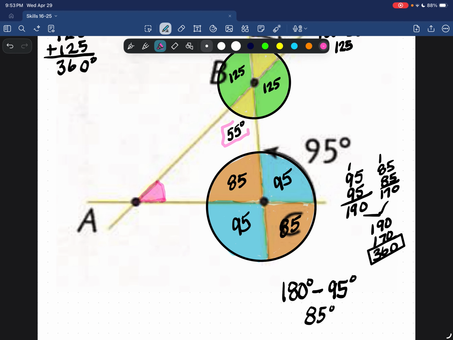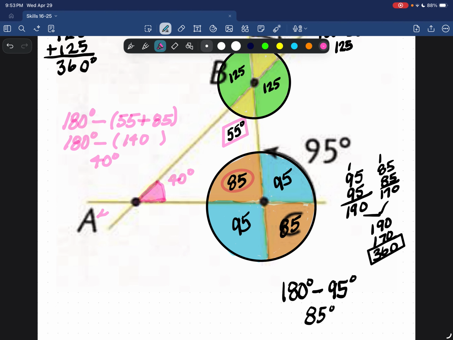Well, I know 55, and I know 85, and I know this is a triangle. So I'm going to say the 180 degrees in the triangle minus the 55 and the 85. So 180 minus the sum of those two, that is going to be 140. That leaves me with 40 degrees for angle A.